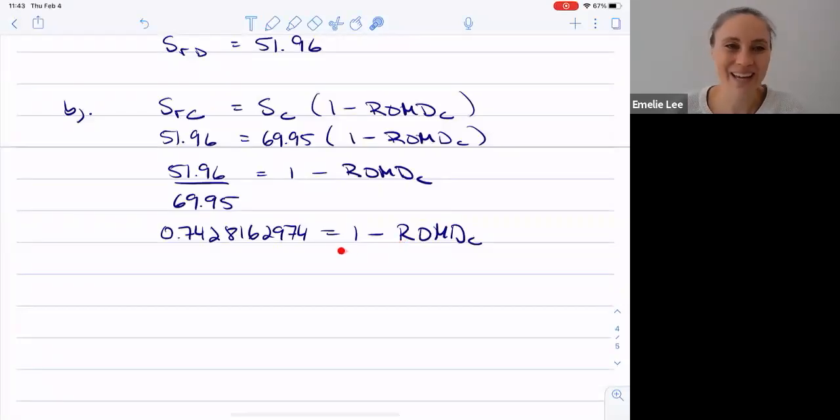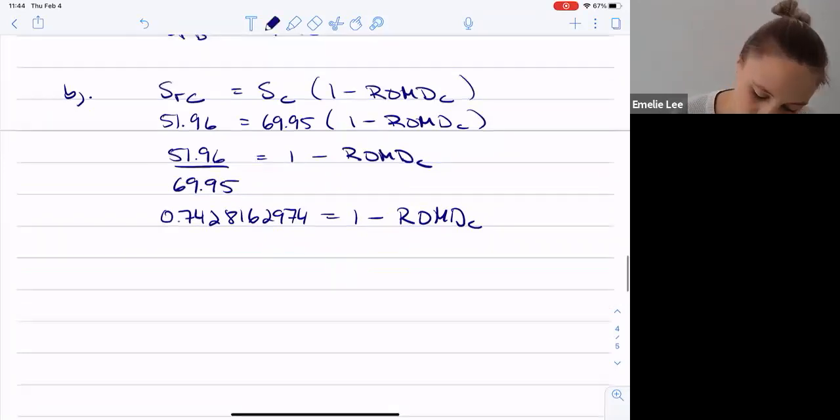I can add the lambda over to the left-hand side, and simultaneously subtract the 0.74 from 1.